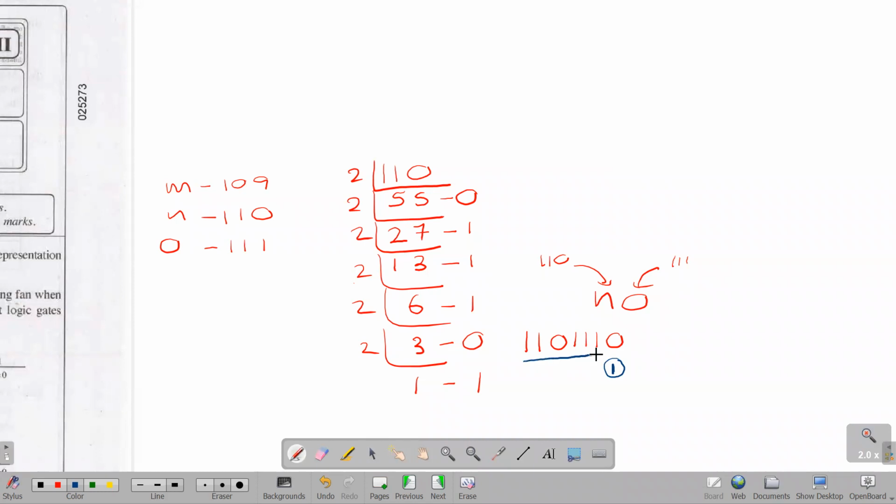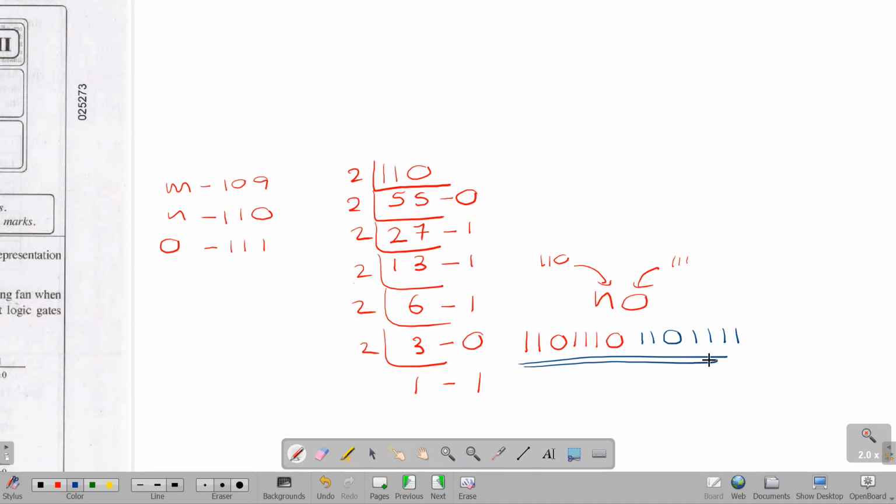So this part will be the same, right? So the 111, the letter O, is going to be 110, 111, and 1. Right? 1, 2, 4, 8, 16. Yes, so this is going to be the ASCII code for the word "no".